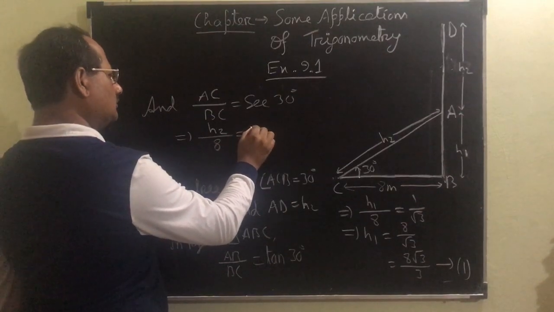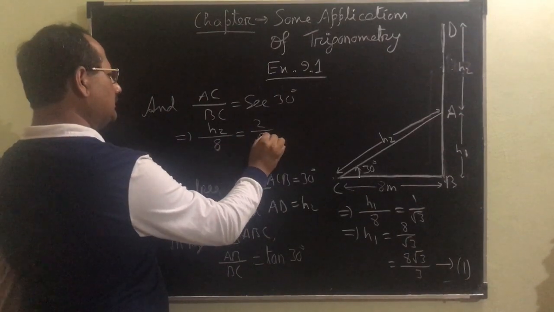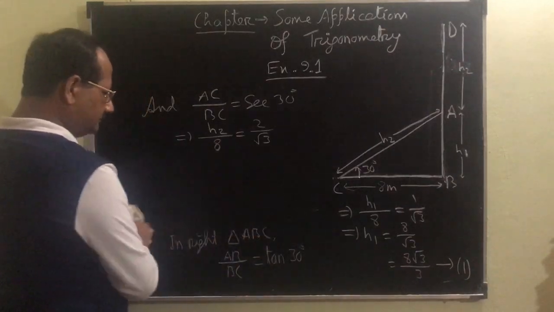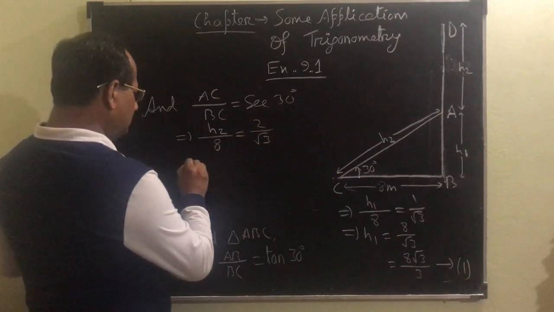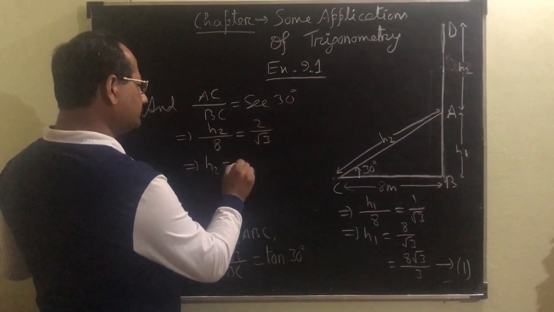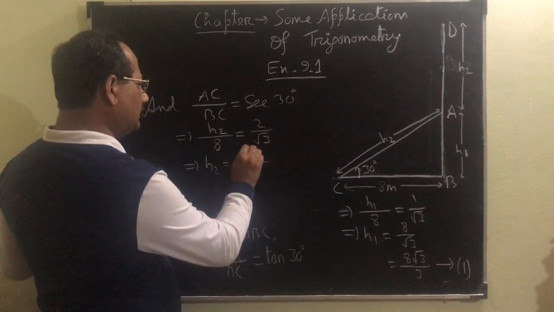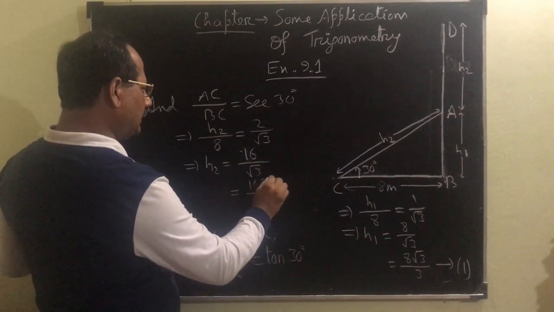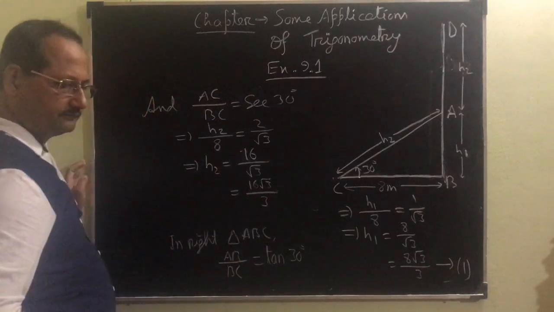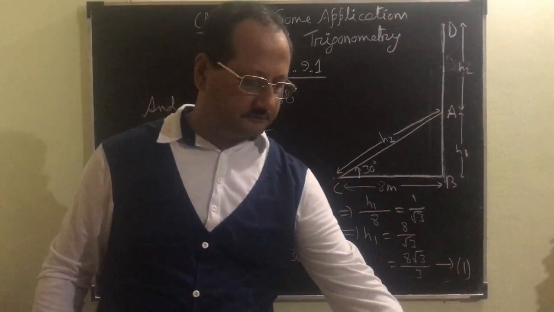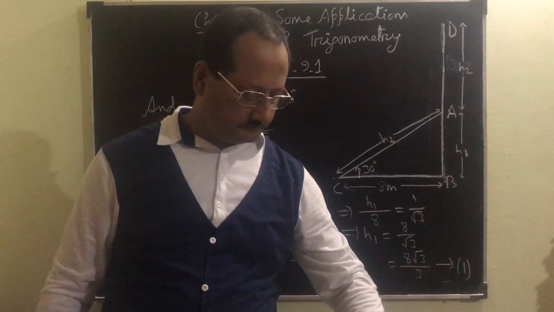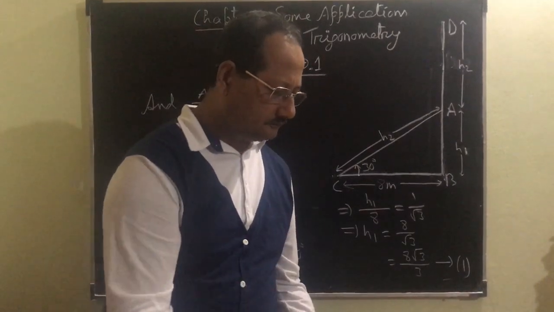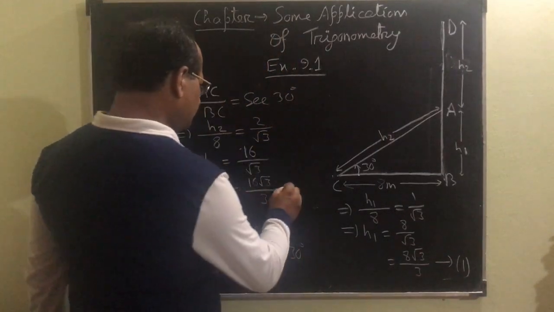Sec 30 is 2 by root 3, implies H2 equal to 16 by root 3, that is 16 root 3 by 3. Number 2.